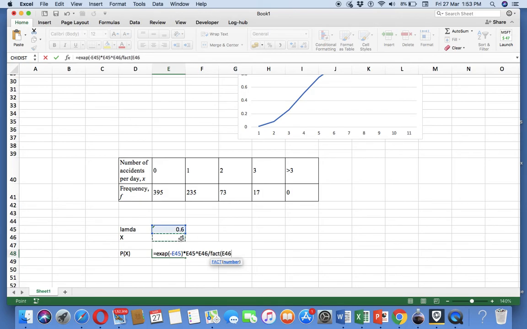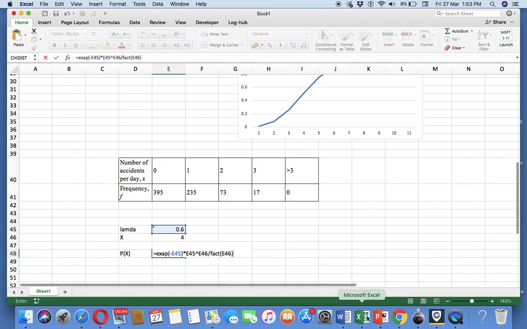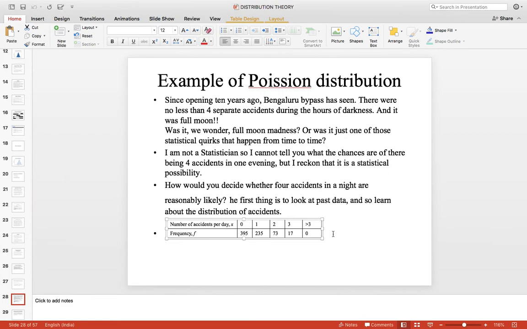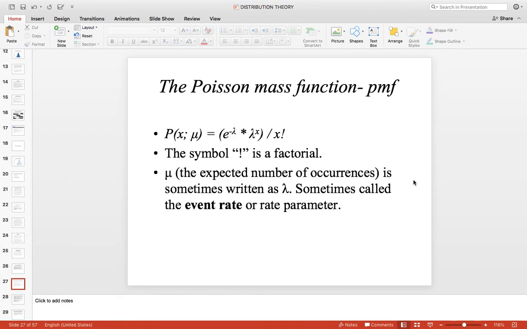I'll just check the formula once more, divided by x factorial.